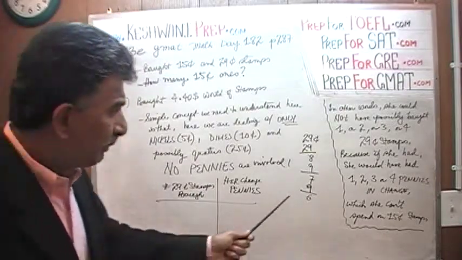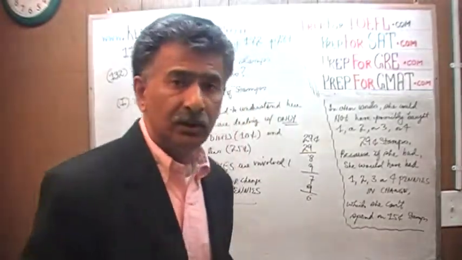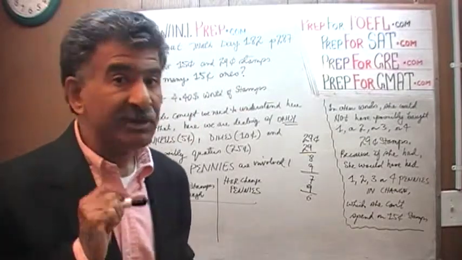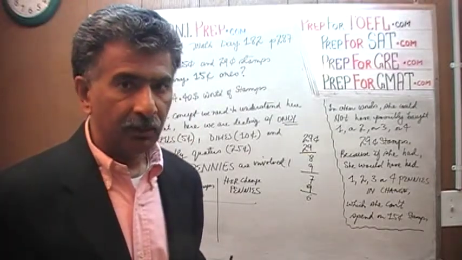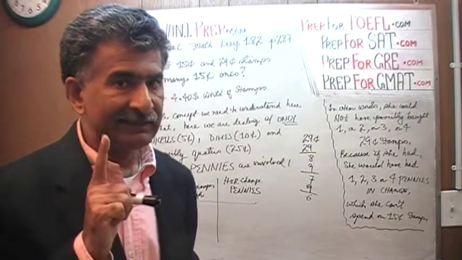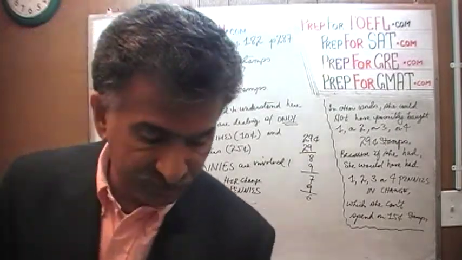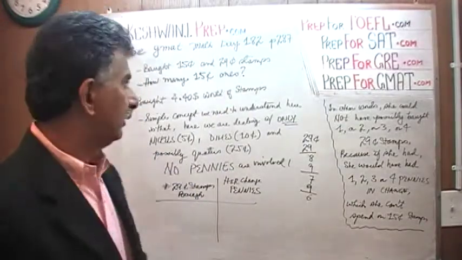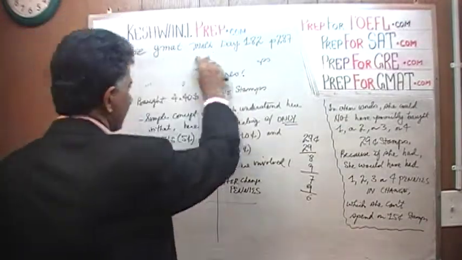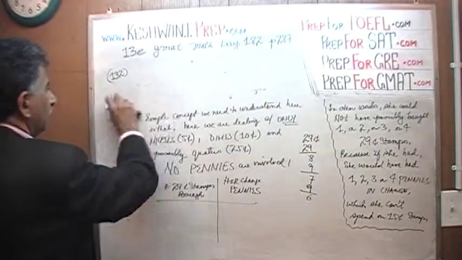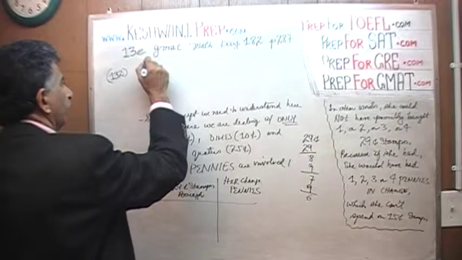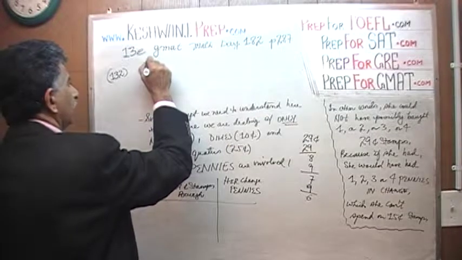So, she cannot buy 1 or 2 or 3 29-cent stamps, as we already agreed, because she has no use for the pennies. Which means, regardless of how many 29-cent stamps she bought, it has to be some multiple of 5. That's what we gather from it.